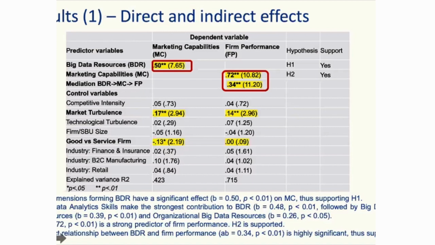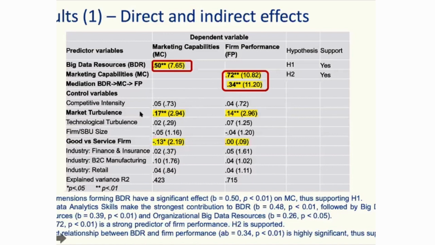We can furthermore see here that marketing capabilities is a strong mediator and predictor of firm performance. The regression coefficient of 0.34 shows a strong impact on firm performance. And the indirect relationship between big data resources and firm performance is highly significant, thus supporting H3.